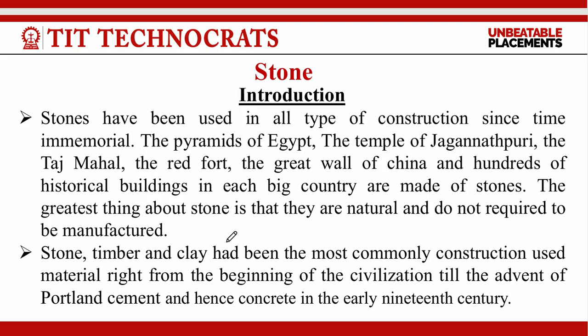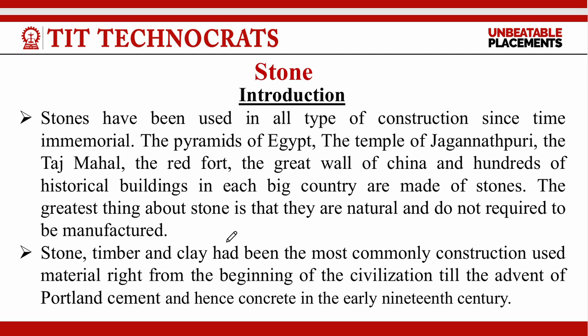We already know that on our earth different types of structures are made only of stones, like the pyramids of Egypt and, most importantly, the Great Wall of China. In India there is the Jagannath Puri temple, Taj Mahal, Red Fort. Also in our Bhopal is the Bhojpur temple, also made of different stones.